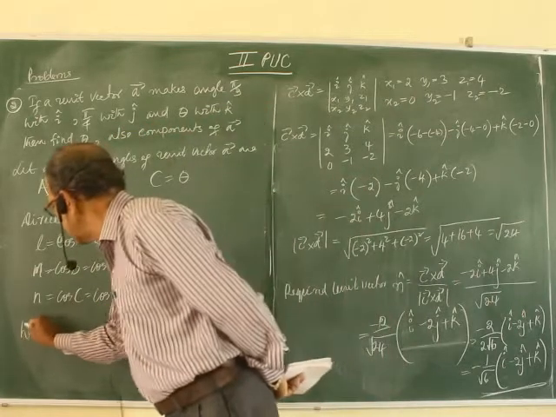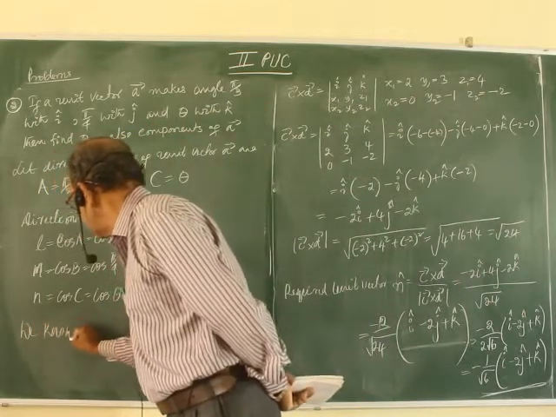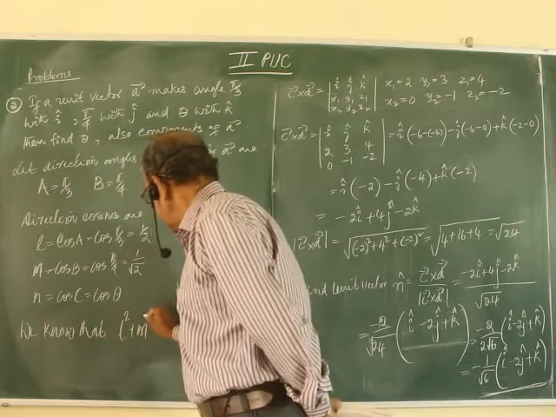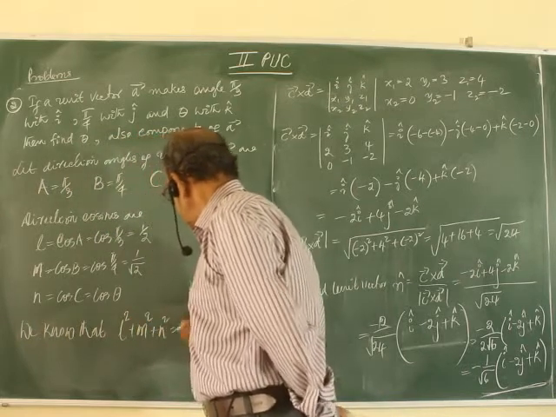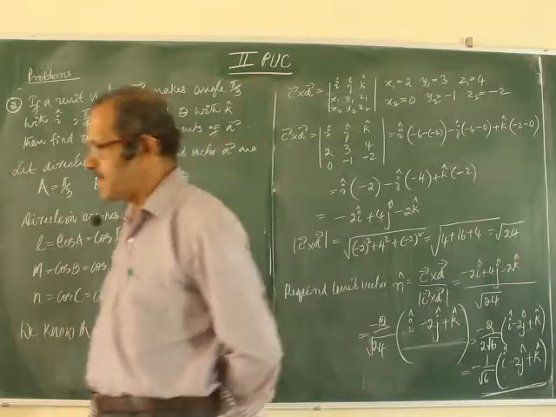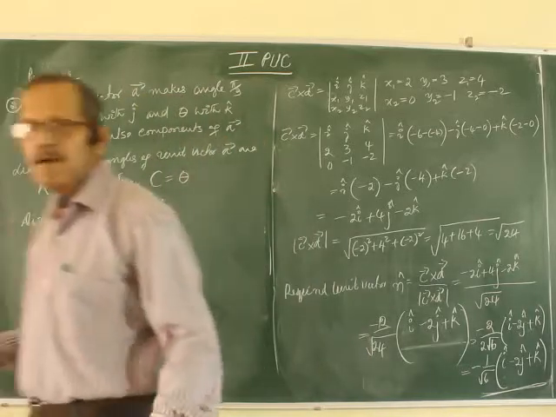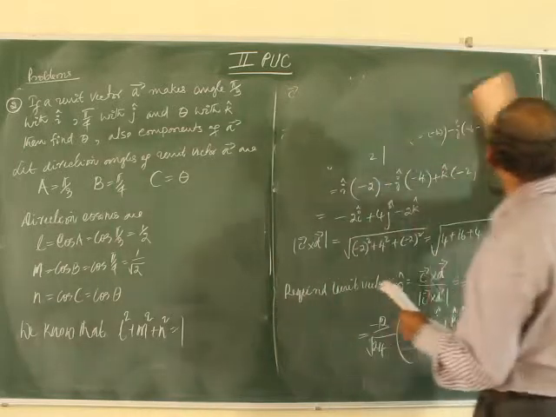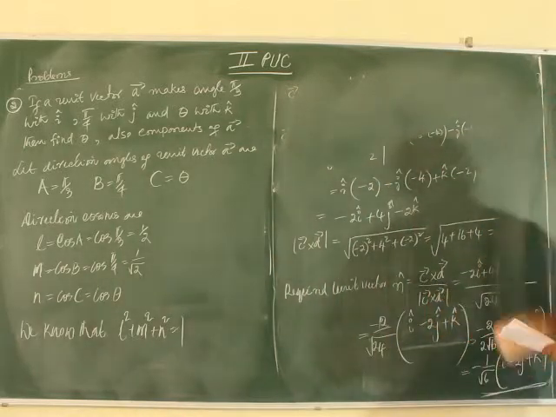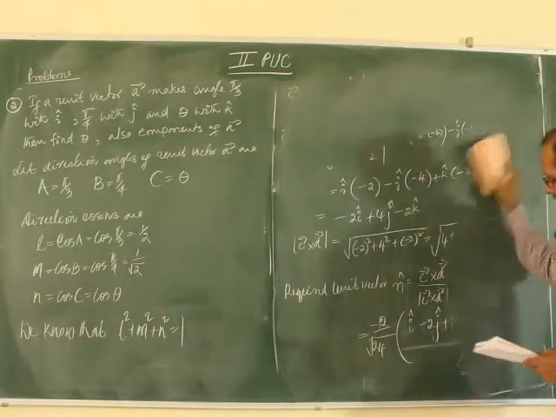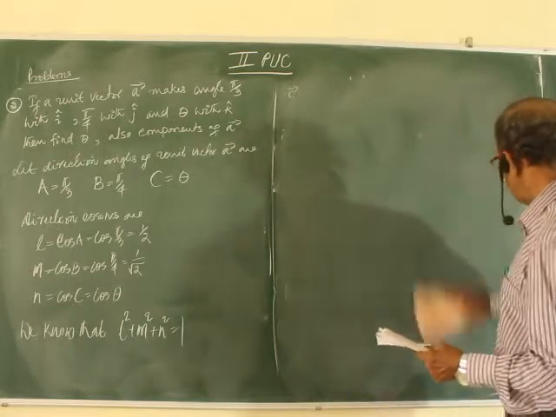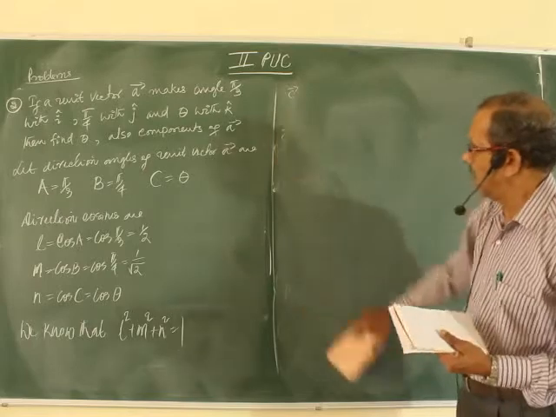We know that, a very important formula now comes. L square plus M square plus N square is always equal to 1. The sum of the squares of the direction cosines is always equal to 1. Remember that formula we have already written. Go back to the properties of vectors.